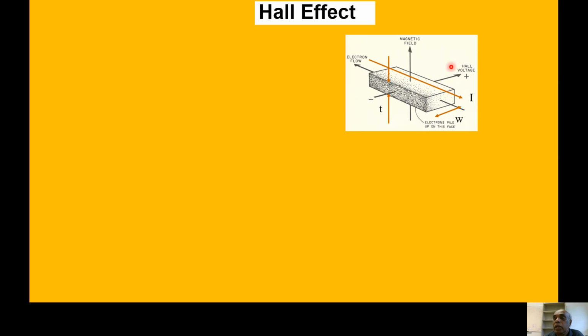In order to calculate that Hall field or Hall voltage, first we will consider what is the force applied on this moving charge. Suppose this charge is moving at a velocity of v. Now if I have a magnetic field B, we know the Lorentz force is given by the charge times v cross B, the cross product, right?